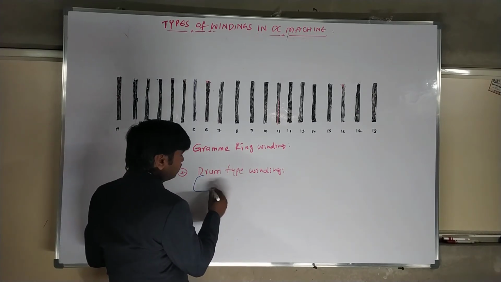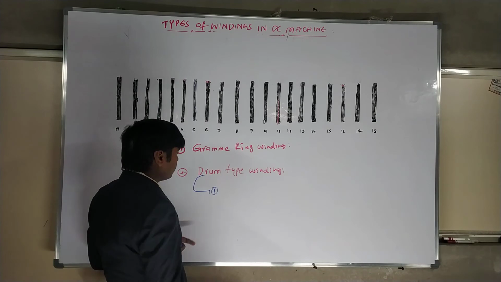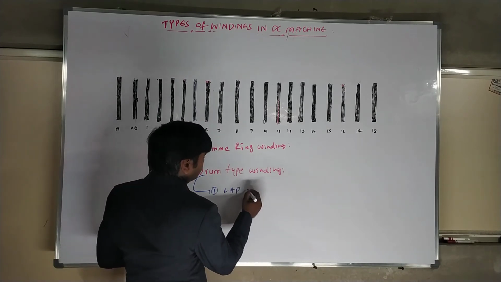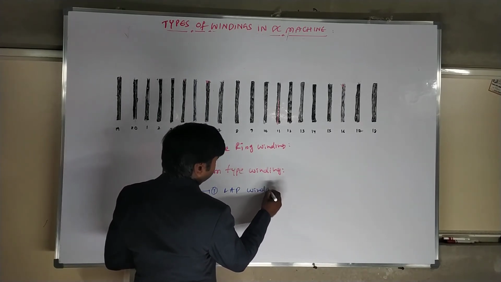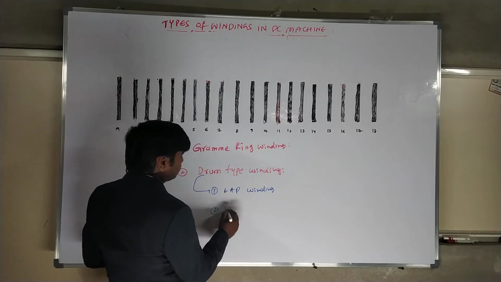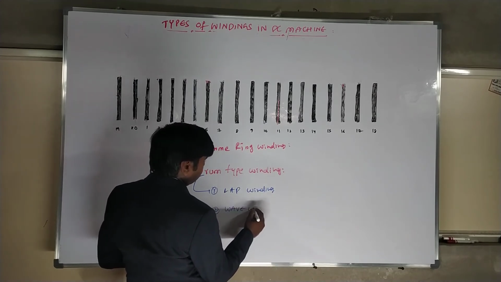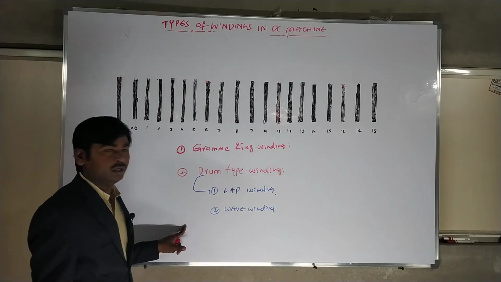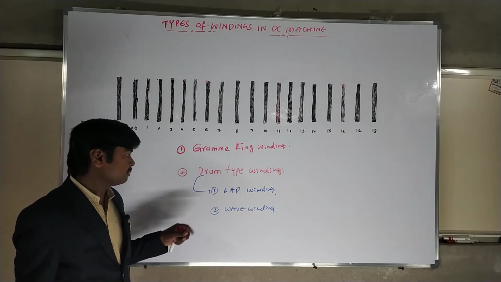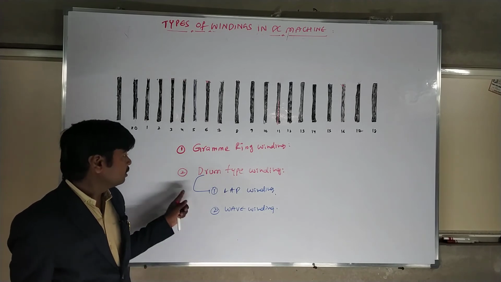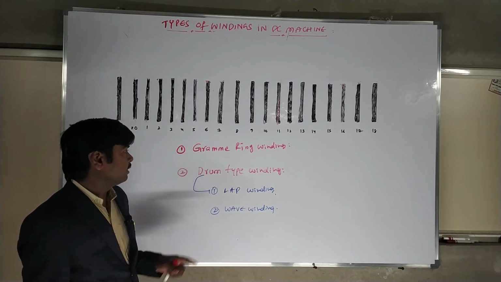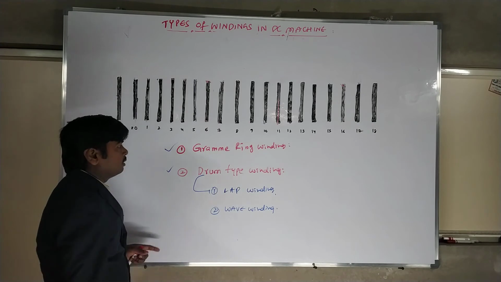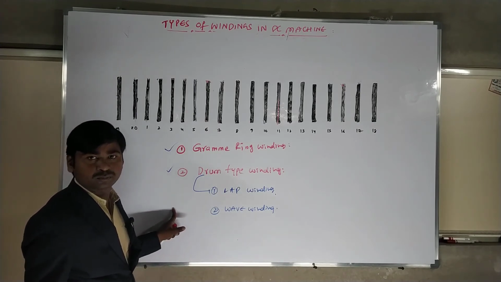Number one is lap winding, and the second is wave winding. Lap winding and wave winding are the two types we generally have in the drum type winding. So these are the fundamentals: Gramme ring winding and drum type winding.